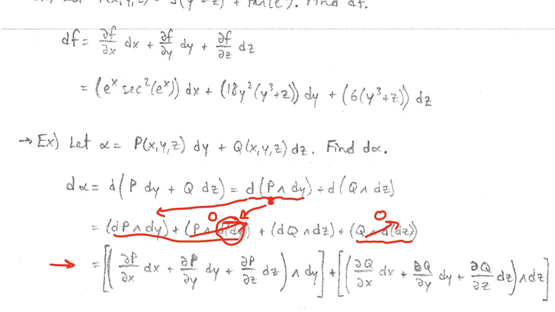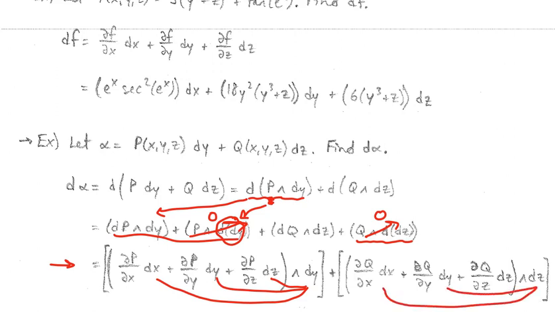And then plus, by a similar reasoning, the entire second term there on this bottom line. I'm now going to multiply this dy into each of my terms here, and I'm going to likewise multiply my dz into each of my terms here.